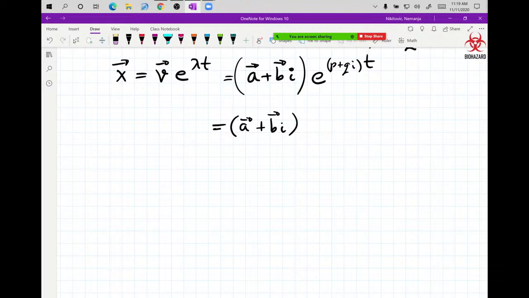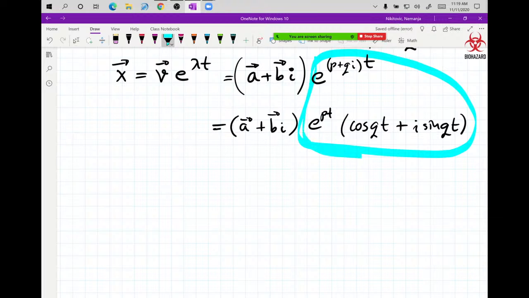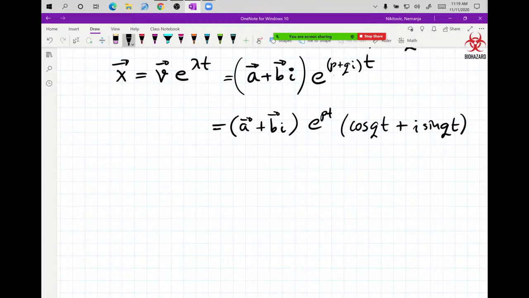Oh, I forgot the e. e to the pt, that was the real part, and then you have your cosine qt plus i sine qt. So that's a direct swap of the Euler formula. There was no algebra done or anything like that. It's just equivalency from the formula.